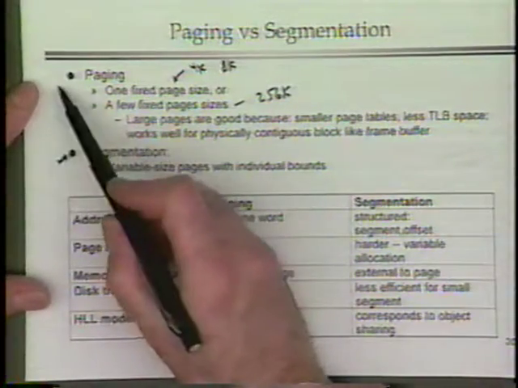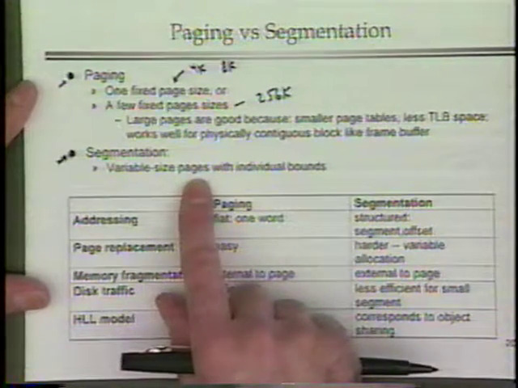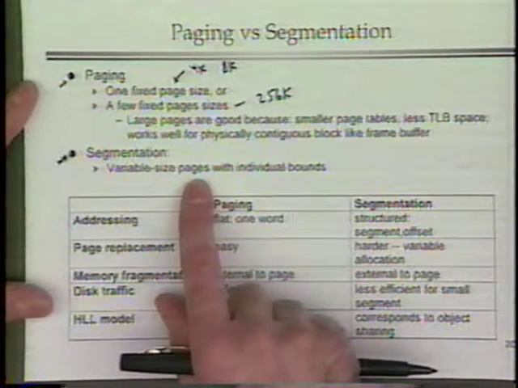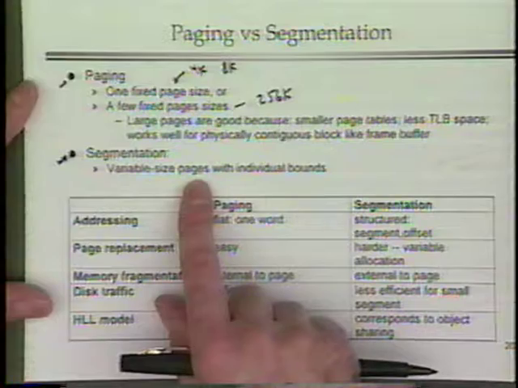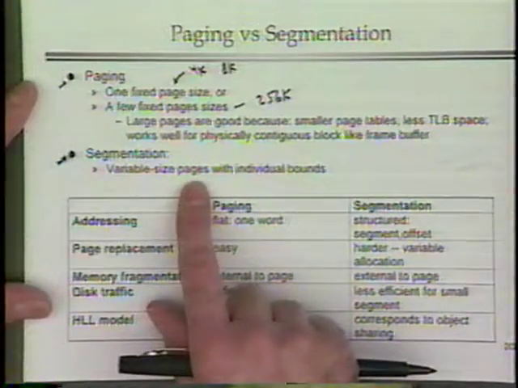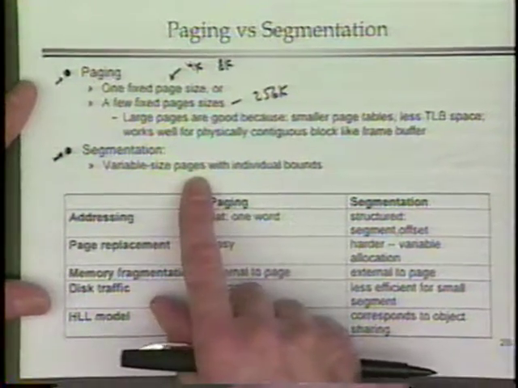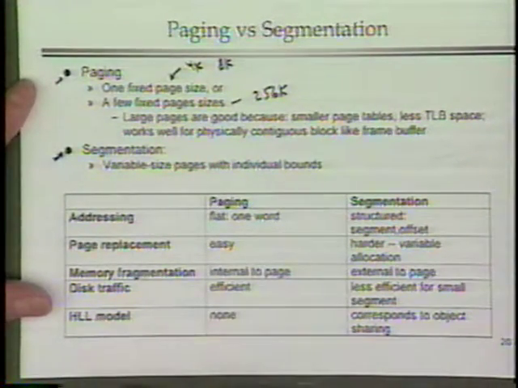Segmentation you can view as a kind of paging scheme, but where every page has an individual size. Basically, the descriptor, the page table entry, if you will, now called a segment table entry, describes exactly how big that page is, or that segment is, and could be down to the byte level. Could be a 37-byte segment.